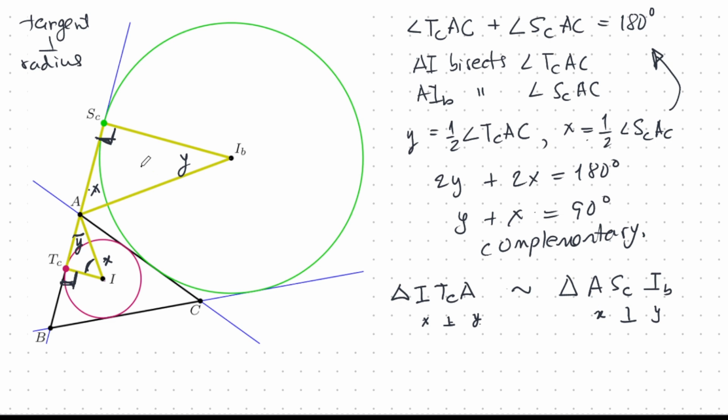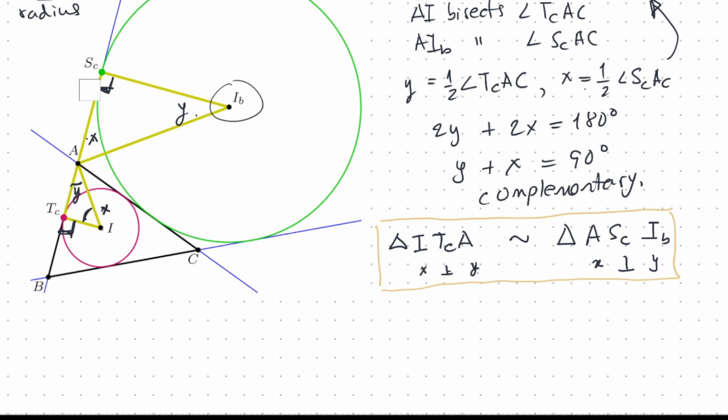Now, for the bigger triangle, A matches with X, IB matches with Y, and SC is the 90 degree angle. So I have my proof now that these two things are similar, and I can do just like before. I can write down some relationships. So in order to do that, let's clean this up a bit.